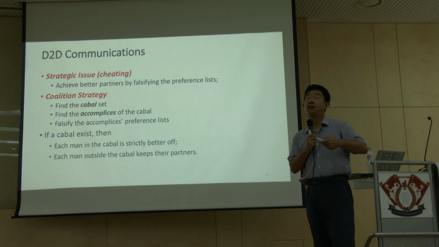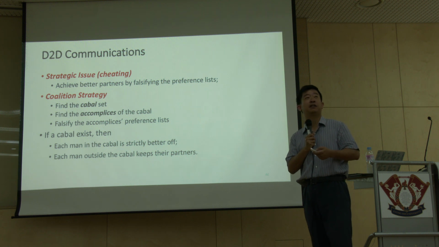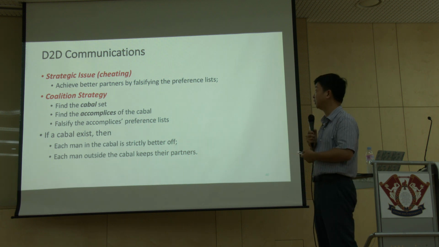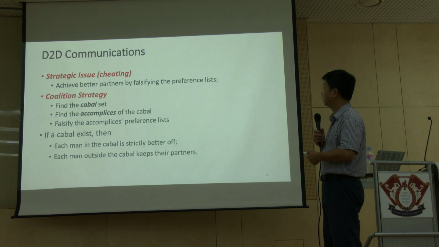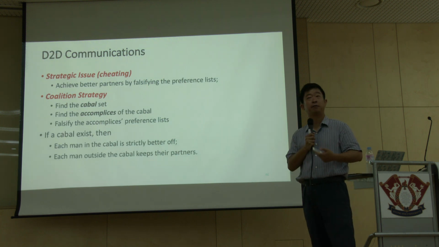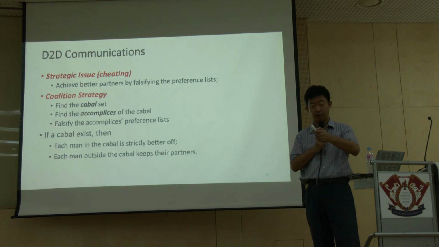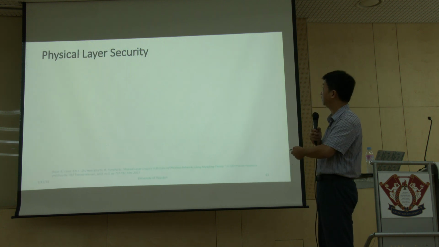It cannot guarantee that you get a better partner, but at least it's not worse off. This is basically the cabal idea. There are some algorithm variations of the GS algorithm, and this one is in a JSAC paper by my student.